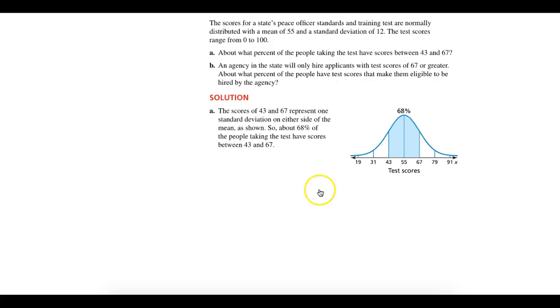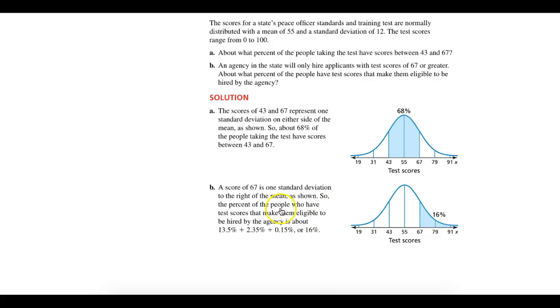Let's go ahead and click through right here. So right here we get 13.5 plus 2.35 plus 0.15, or 16. That's our answer there. So that's how simple it is. It's just, again, finding the locations and the distances away from your mean and just adding them up.